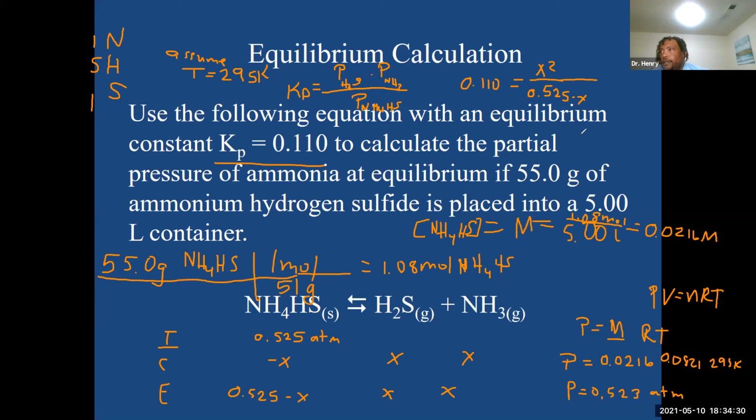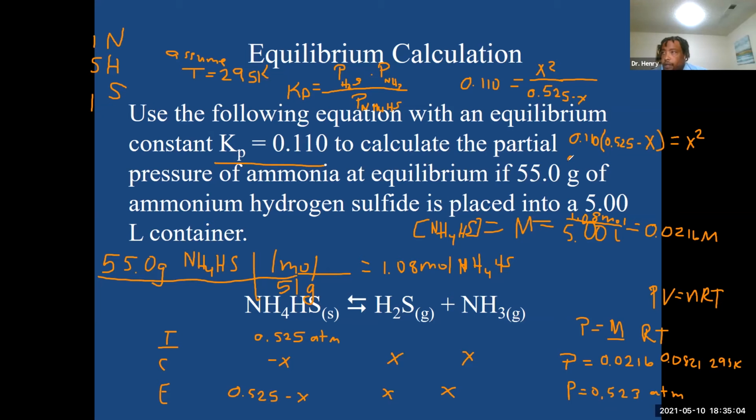So then we get 0.11 times 0.525 minus X equals X squared.